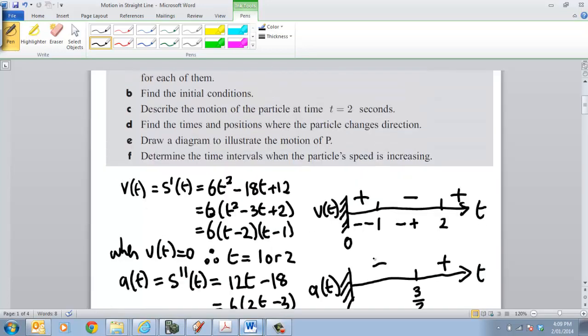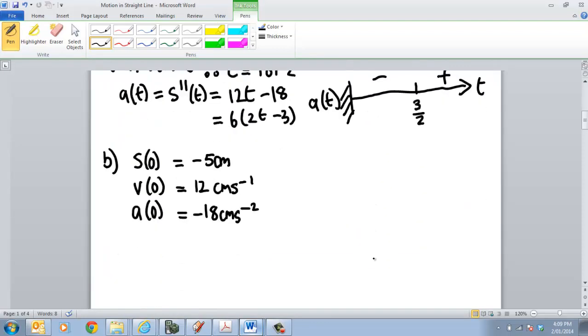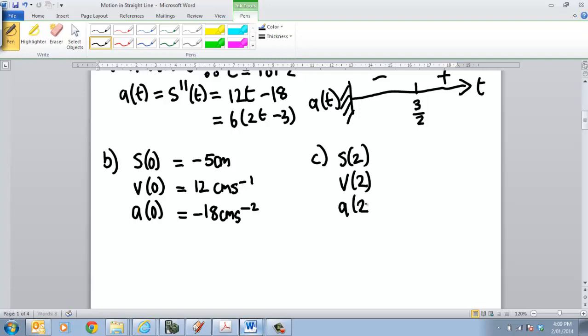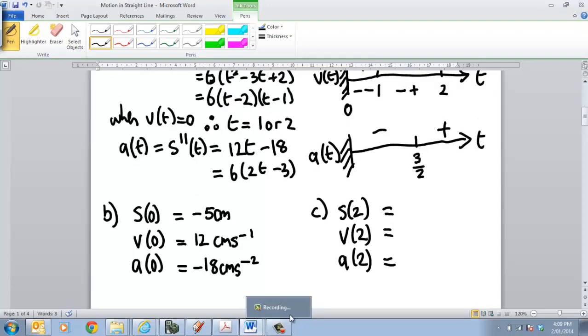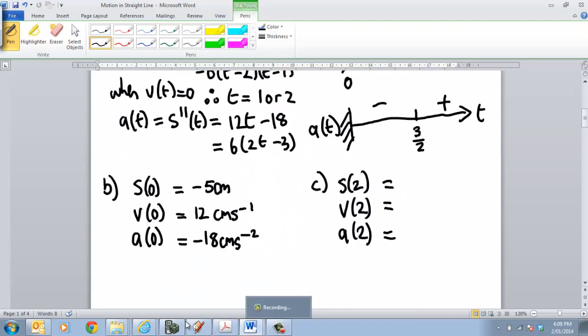We need to work out what's actually happening at time t equals 2 seconds. So we can do the same sort of thing here. S of 2, you put it into the equation, V of 2, you put it in there, and A of 2, and you work out the value and describe what's happening. Now, could I be bothered doing the calculations? Probably not. Let's do it on the graph.